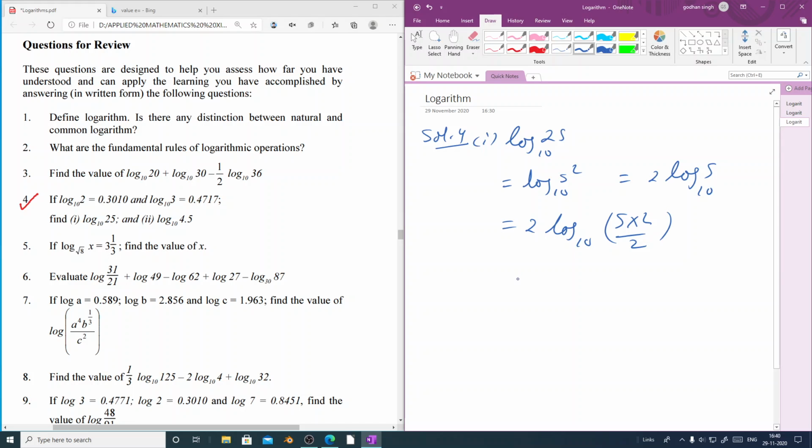And that will give us equal to 2 log with base 10, 10 over 2. Now we know that log a by b is log a minus log b. So this can be written as log 10 with base 10 minus log 2 with base 10. Why are we doing this?